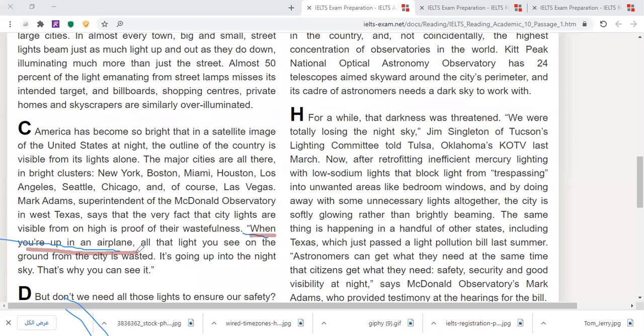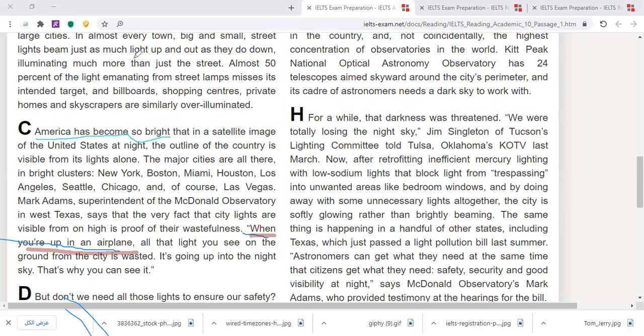What else? As I told you, sometimes in a typical paragraph I will find the main idea in the first line or the first two lines. So, can you tell? When he said America has become so bright. Very good. Can you please underline this? Show us. Excellent.